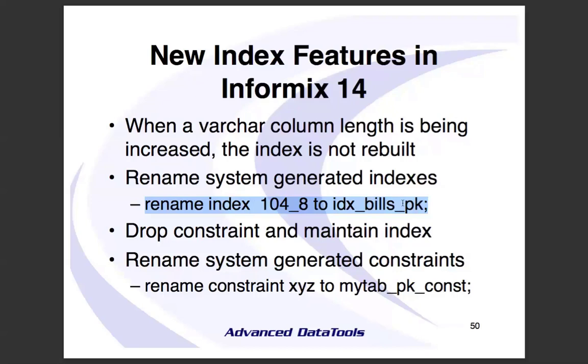So there are some really cool features in 14 that help indexes. This renaming of indexes, I think, is the key one. And after you upgrade to 14, I'd really recommend you go through, look at all your system-generated indexes, and rename them. It takes an instant to do a rename, and it's done. And now your index has a separate real name.